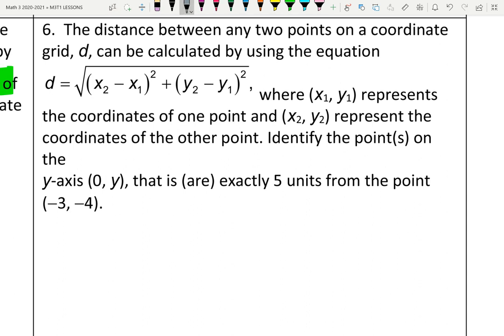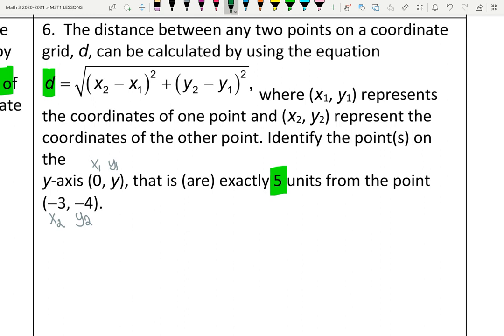I'm going to let this x be x1, this y be y1. I'm going to have this guy be x2. I'm going to have this one be y2. The distance is exactly 5 units.